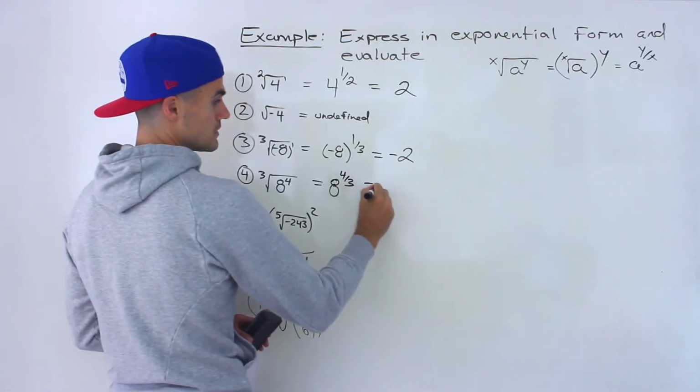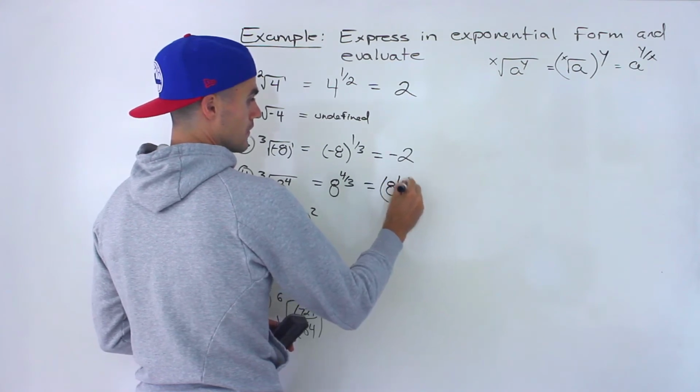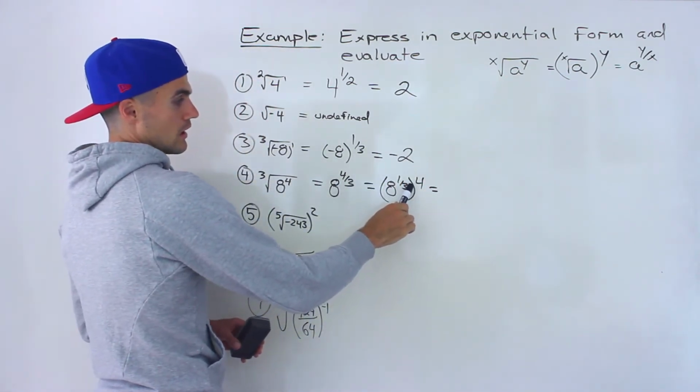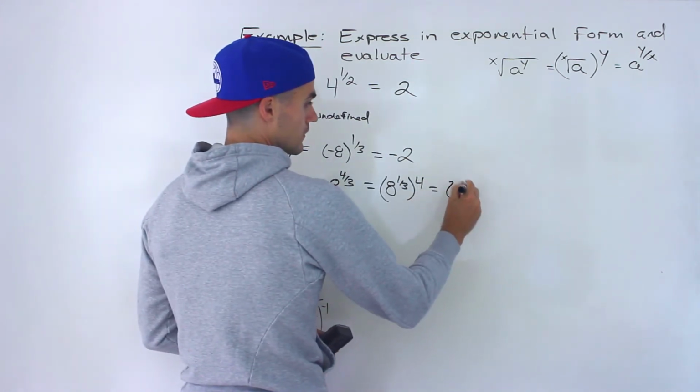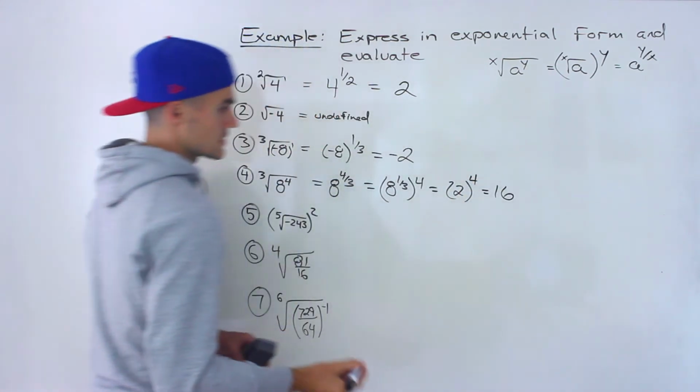And then to evaluate this, you could split up the fraction. That's usually what I do. Then we would end up with the third root of 8 in this bracket, which is 2, to the power of 4. And that gives us 16.